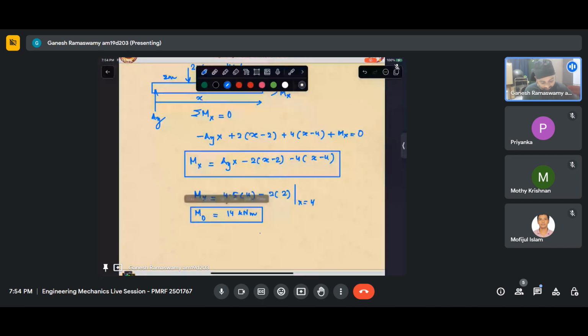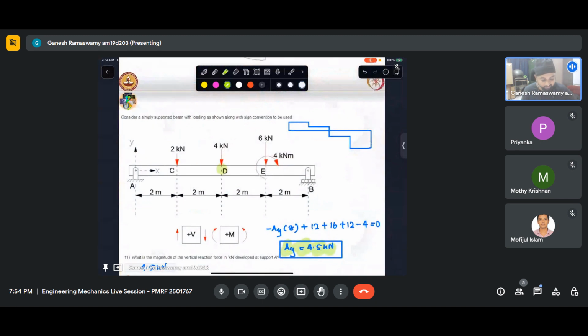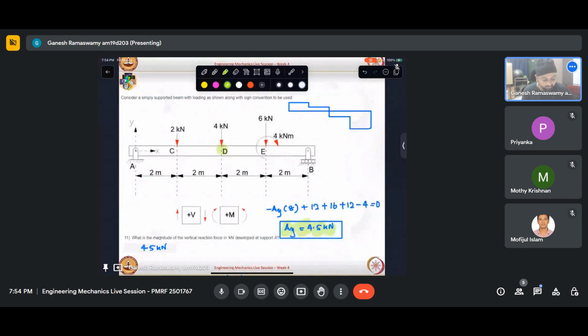So the bending moment variation, again we can apply this logic: the bending moment slope will be constant, but it will have different slopes, with the understanding that it is positive. So in such a case, how will the bending moment diagram look? I go from here, I have one slope till here, then again I have a positive slope, but it is of lesser magnitude, then it has a negative slope.